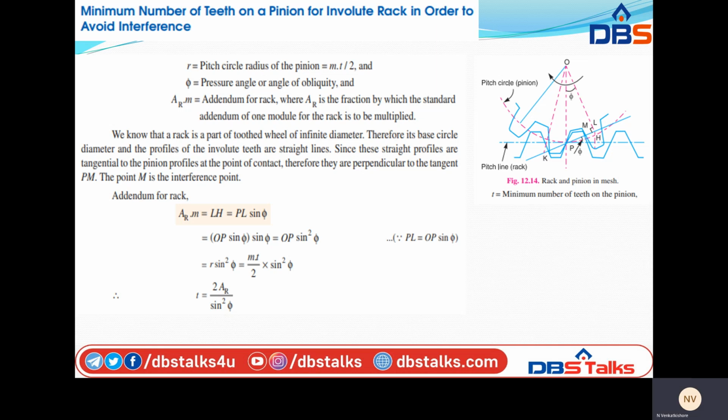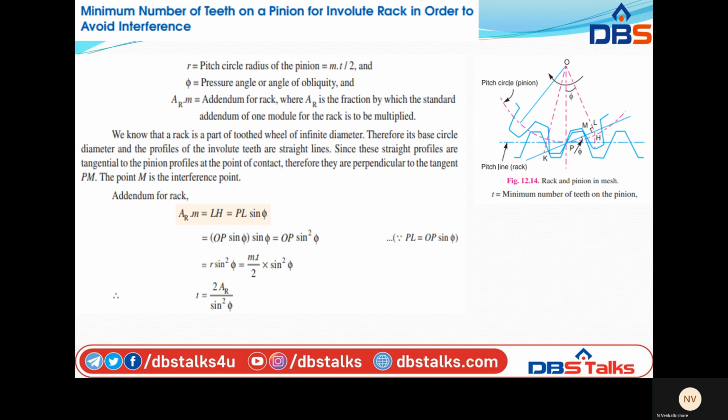Next, the addendum for the rack. Addendum AR for the module small m is equal to, from the diagram, LH, that is the addendum. LH is the pink colored line, and the blue colored line is showing PL sin phi.